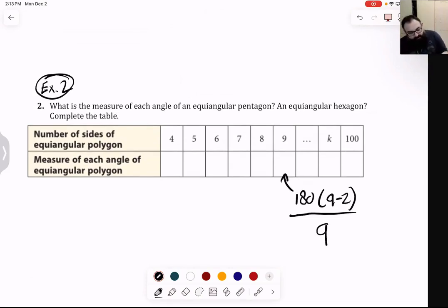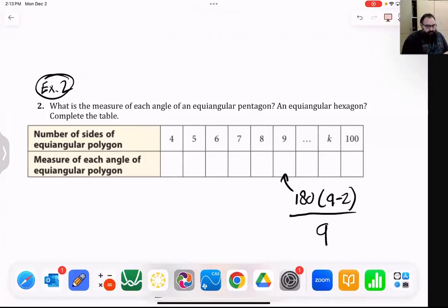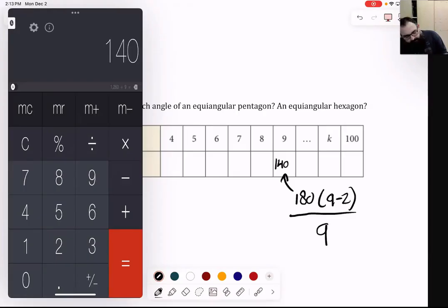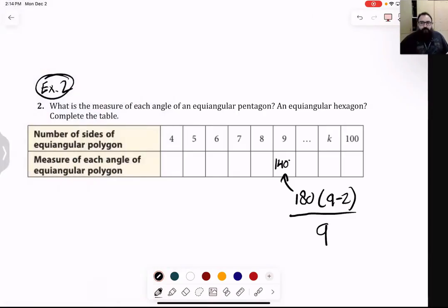So this one would be divided by 9. Obviously you need to get an actual number and write it in there, but this is what it's going to look like. Any questions there? Okay. Let's just see what that is, just out of curiosity. 140. So that would be 140 that you'd put right there.